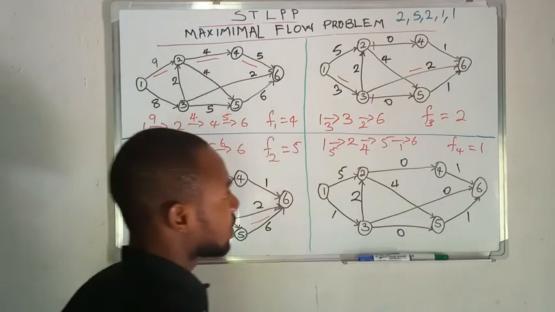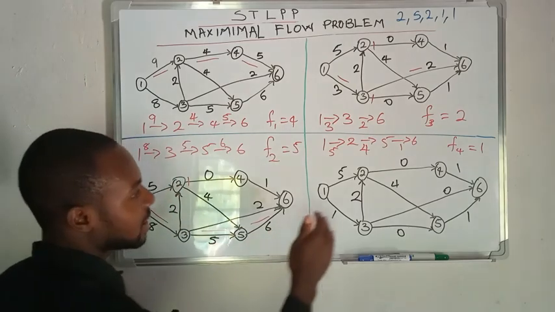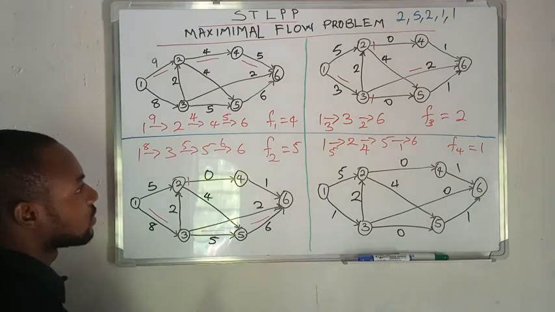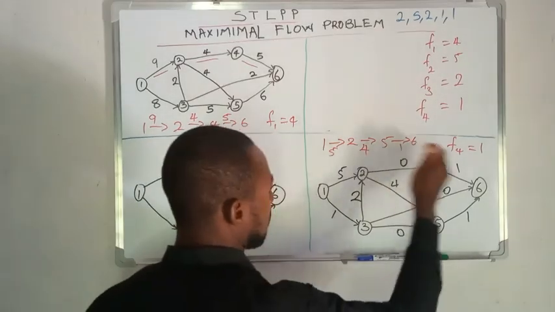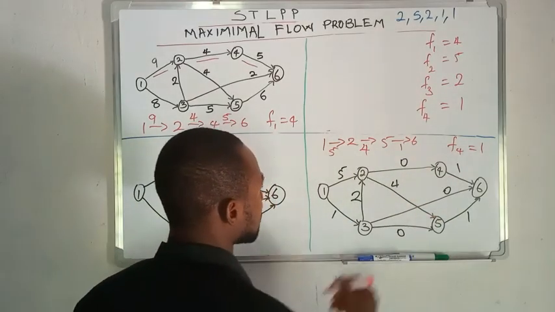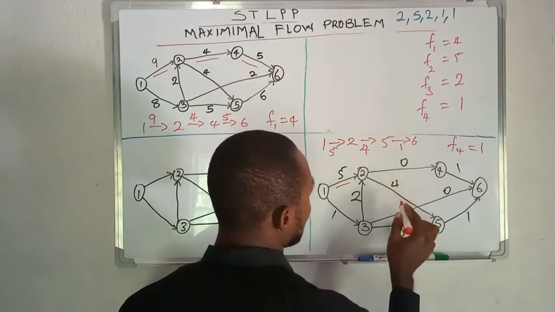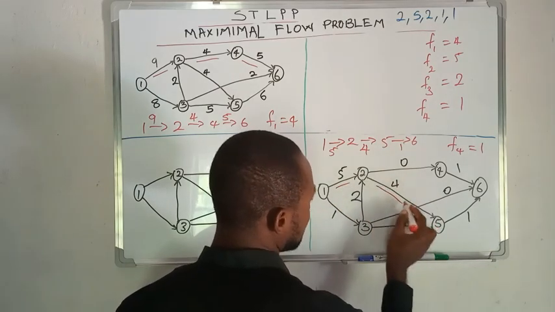So I'm going to wipe off this place, and then let's see if there is any other path that we can go through. Subtracting 1 from the paths that led us here, we have this, from 2 to 5, and from 5 to 6.